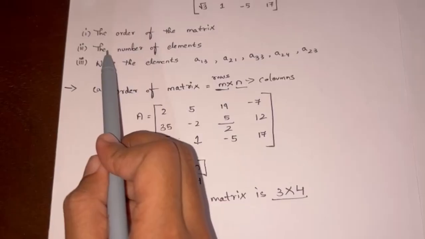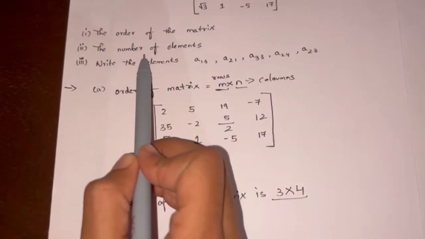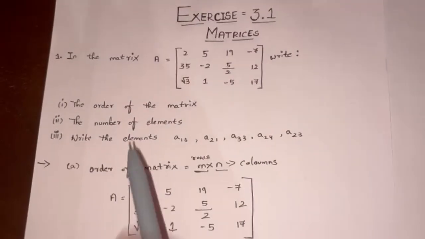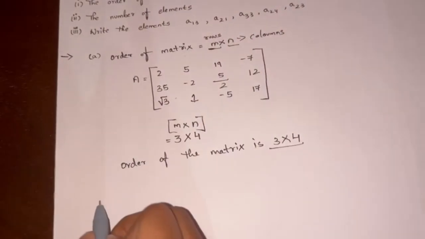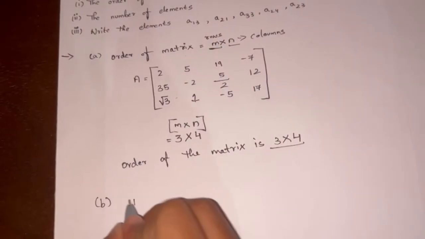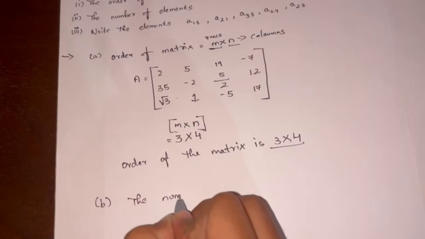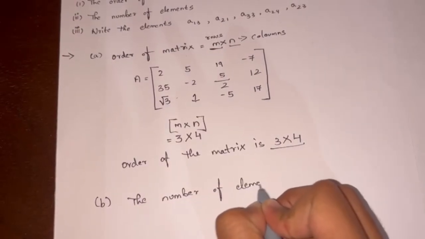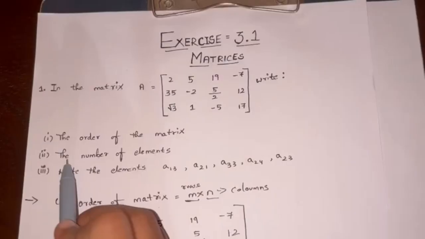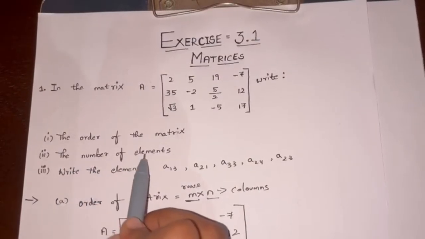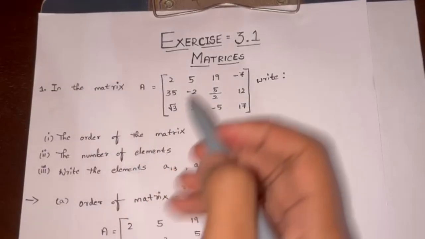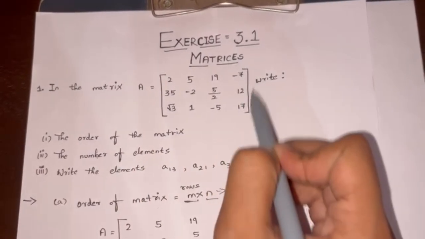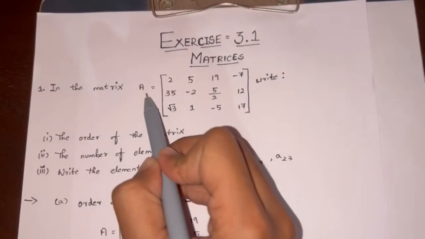Here the question is to find the number of elements, total number of elements present in the A matrix. So number of elements are, here we have to find the number of elements. Basically this means we have to find the total number of elements present in the A matrix.